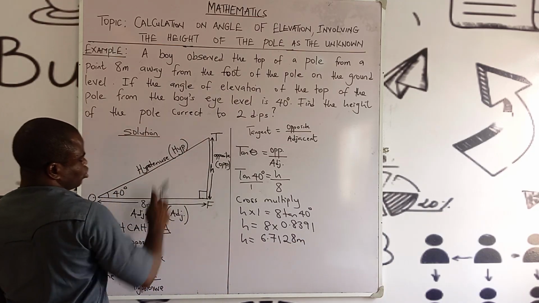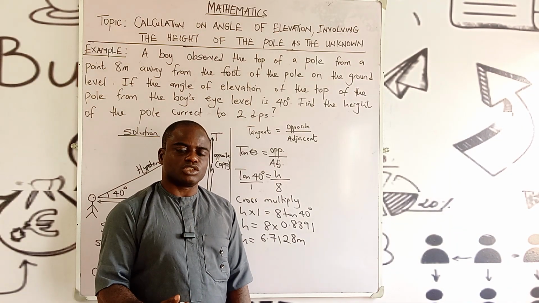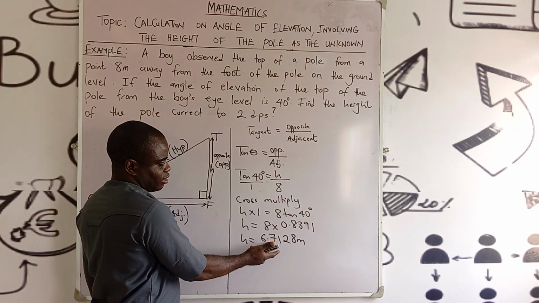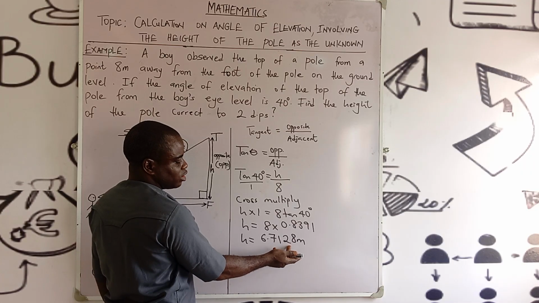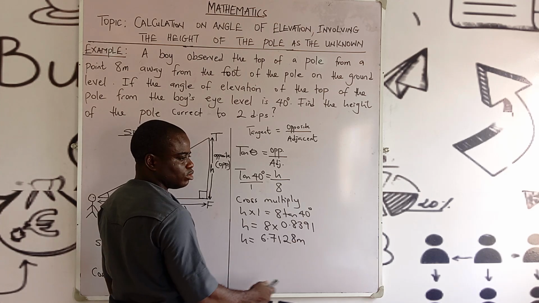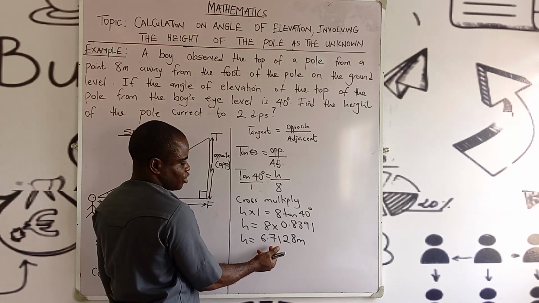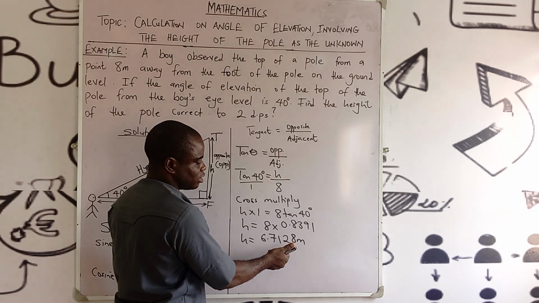Now to correct to two decimal places, it means that two numbers after the decimal. You can see that the number after this one is 2, it's not up to 5. You abandon it. Just concentrate on 7 and 1. It will now be 6.71.